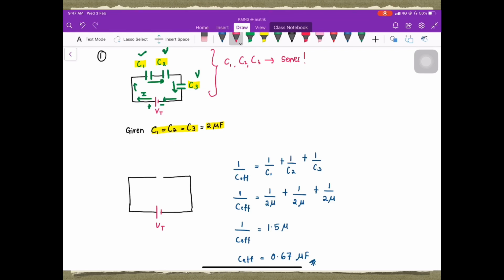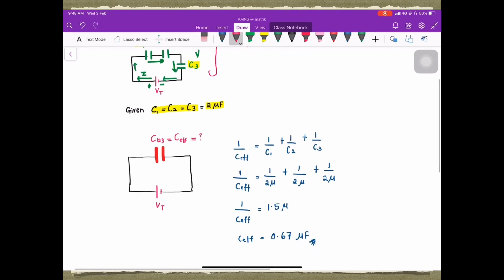Combine C1, C2 and C3, so we get a new capacitance here, the effective capacitance, which we can also write as C effective 123. How do we calculate this effective capacitance?